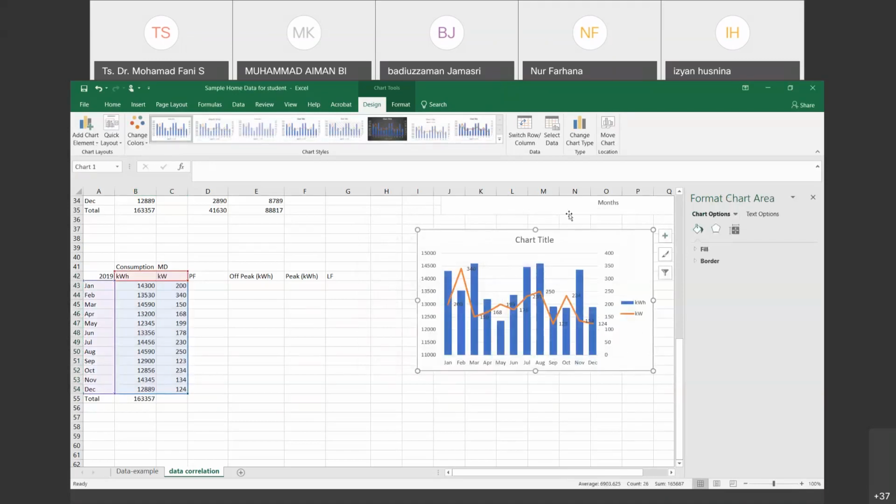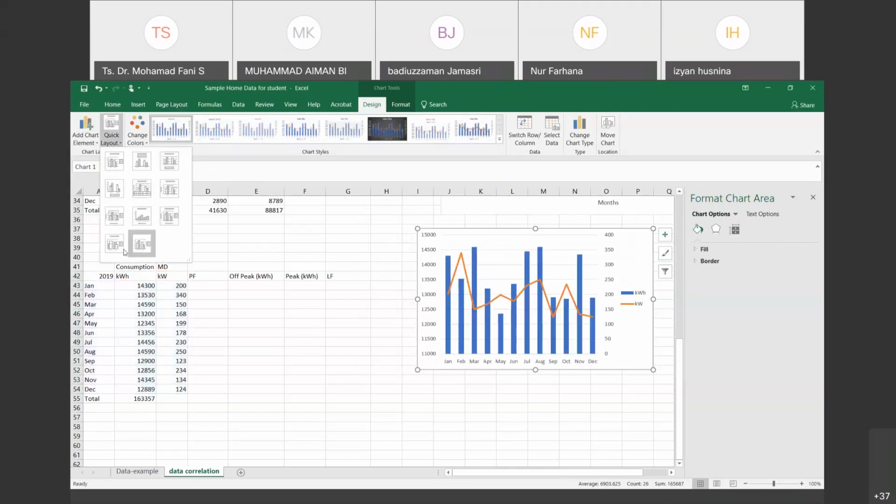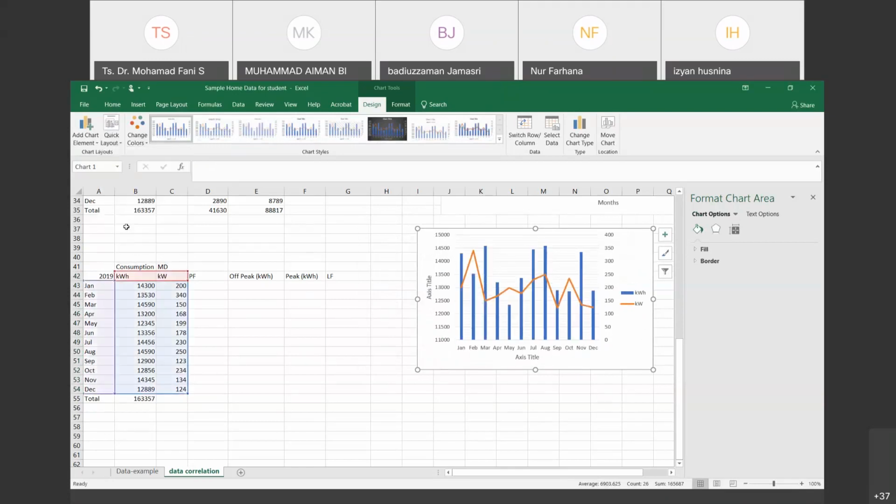Okay, something like here. Make sure to put the name for the title.